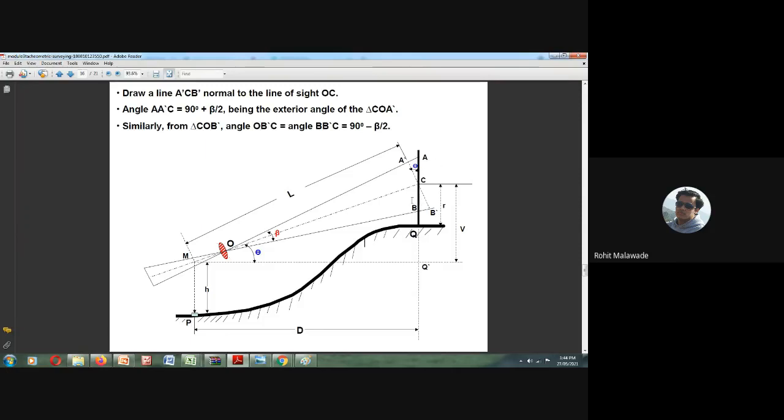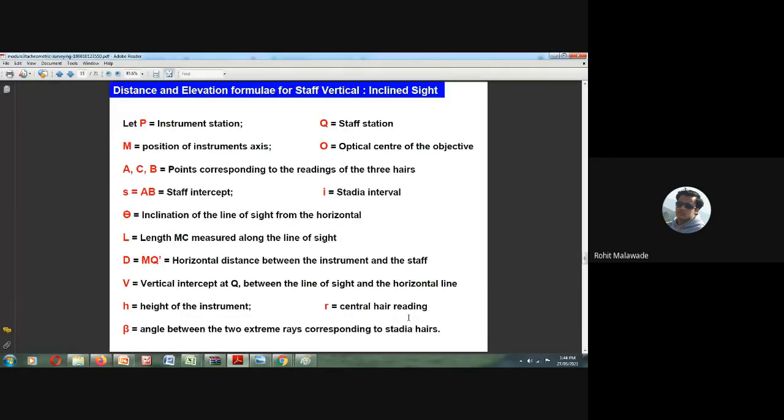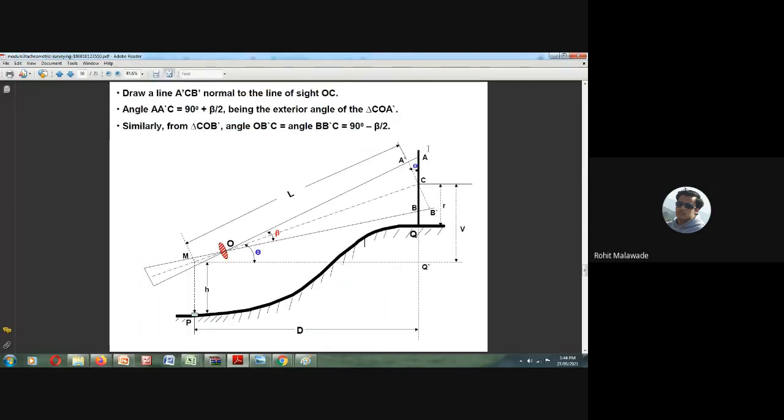A is the top point, Q is the bottom point of the staff, and I will be looking from M in the inclined line of sight towards the staff, at an angle of inclination. So A, C, B are the readings of the crosshairs.